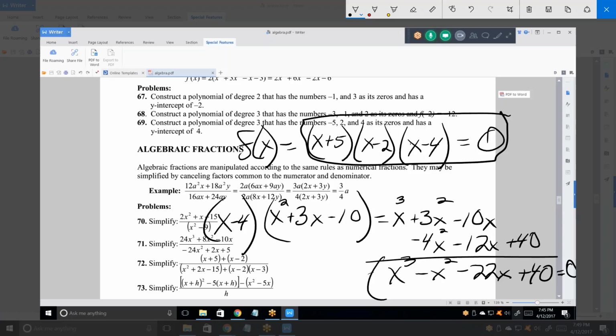So now I can multiply each side of this equation by 1/10. 1/10 times 0 is still 0. So my answer is x cubed over 10 minus x squared over 10 minus 22/10 times x plus 4. And that plus 4 is what gives us that y-intercept.